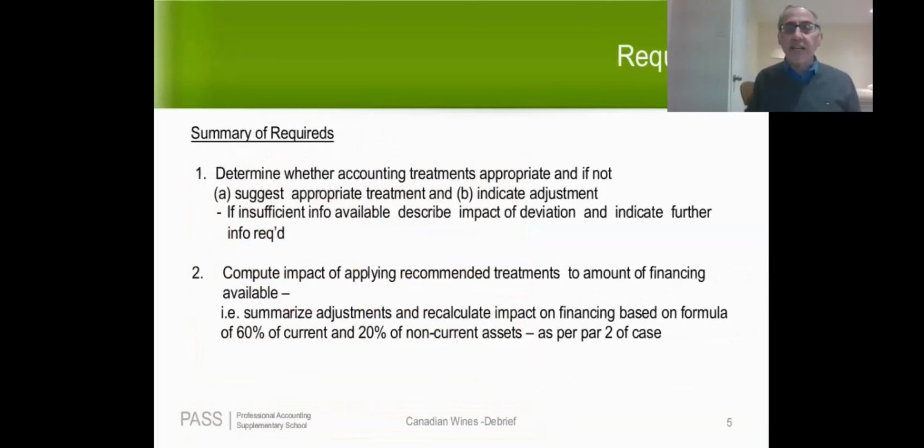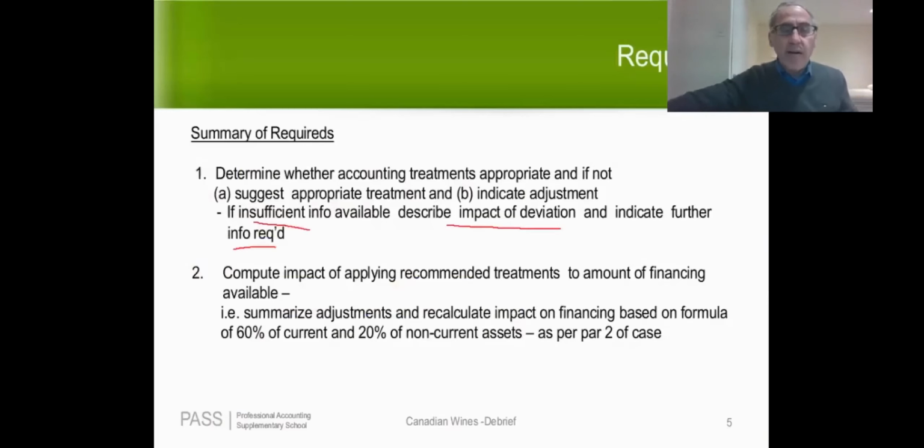So let's summarize now, guys. We have really two requireds that I can see. We have to determine whether the accounting treatments are appropriate, and if not, suggest an appropriate treatment and indicate the adjustment. If insufficient information is available for a particular issue, we're going to have to describe the impact of the deviation qualitatively and indicate what information we need.